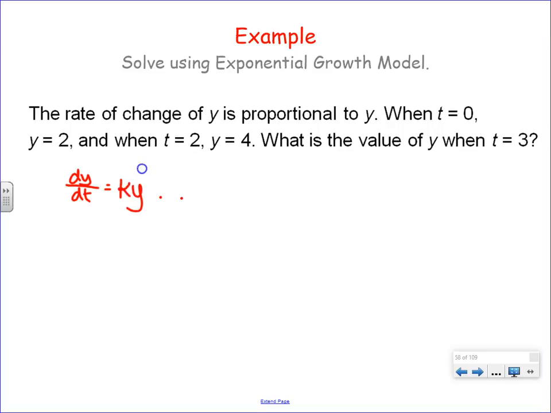Can't we skip a few steps? Not that we would in the AP, but we can skip ahead and say, isn't that just exponential growth? How do we know it's growth? As t grew, what else grew? y. Yeah, so it's growing, not decaying. So we know that k is going to be positive.